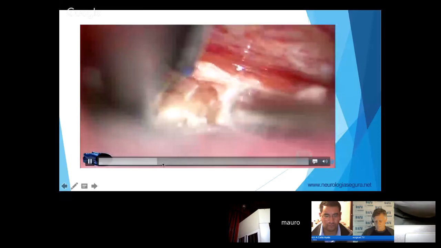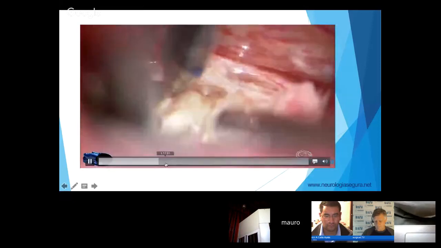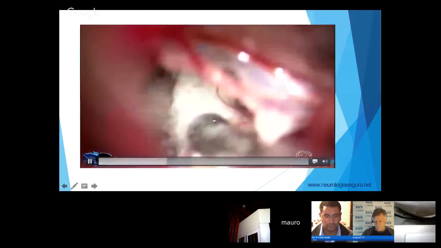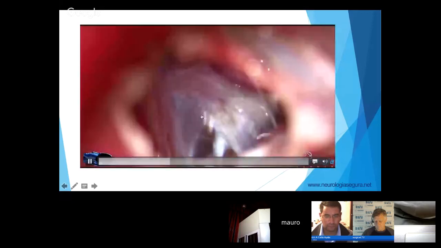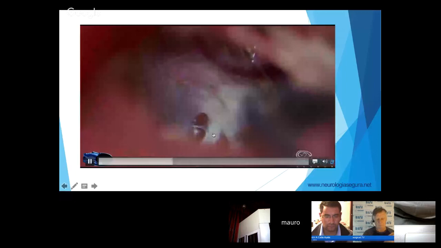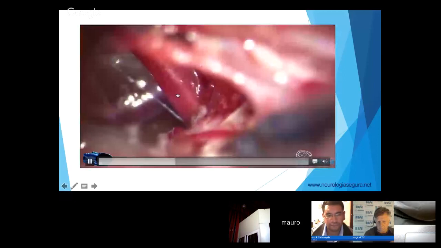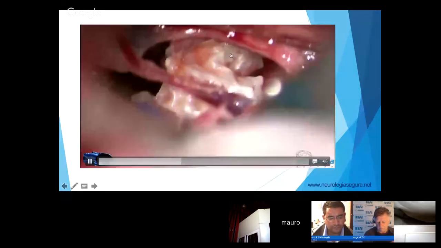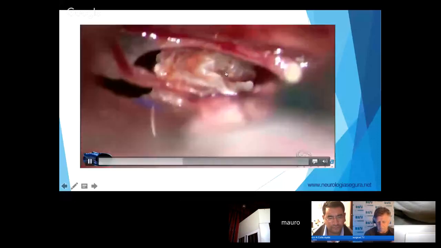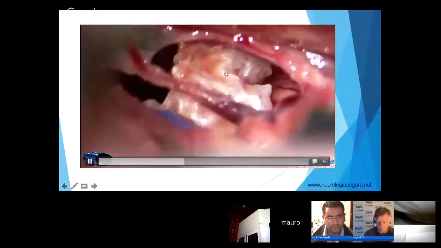So I would like to advance. You can see it's only one piece to remove up to the bottom. We can clean completely the structures surrounding the vascular arteries. In some cases, we can use the endoscope.